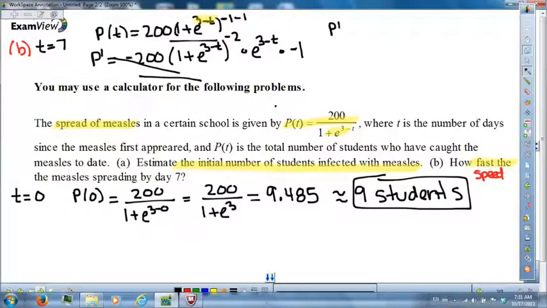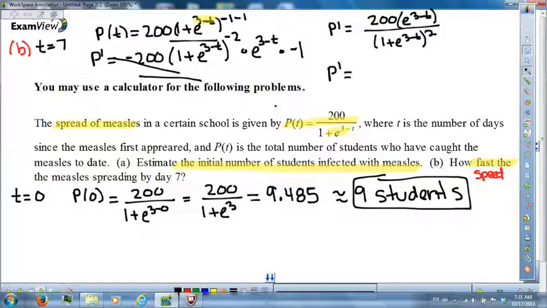So my derivative is going to be, a negative times a negative is a positive. So I'm going to have 200 e to the 3 minus t, all over 1 plus e to the 3 minus t, squared.